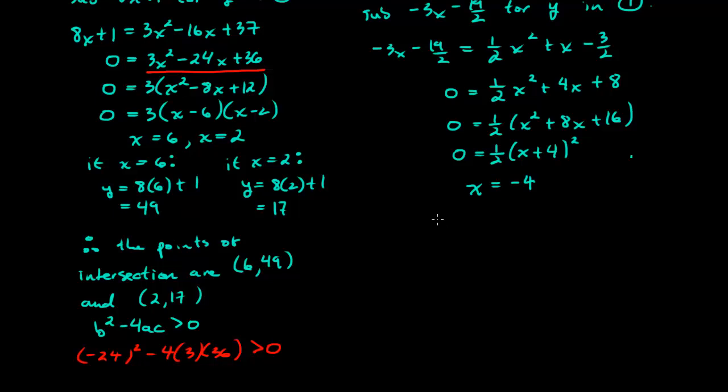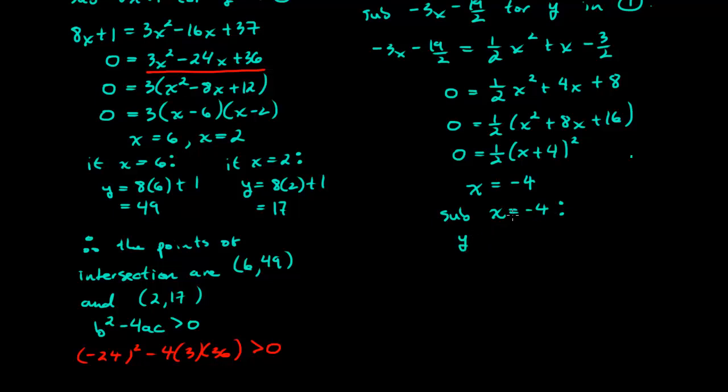Now we have to figure out the y coordinate for this point of intersection, since this is the x coordinate. To figure out the y coordinate, we're going to sub x is equal to minus 4 either into our quadratic equation or our linear equation. So let's sub it into our linear equation because it just makes the algebra easier.